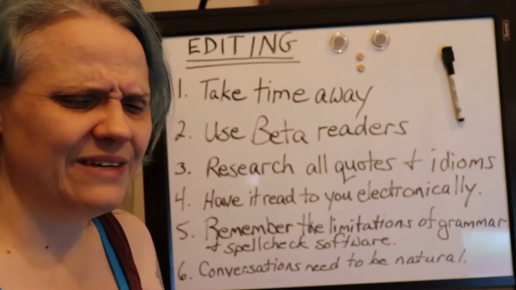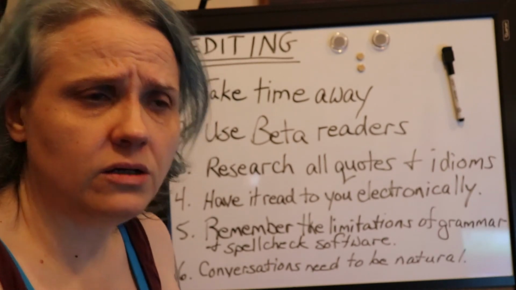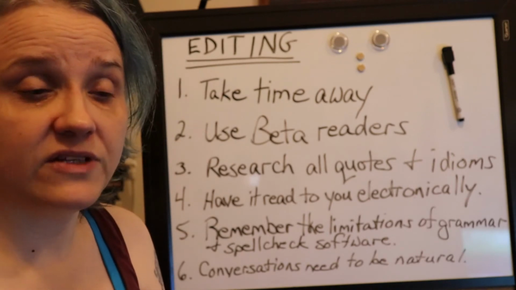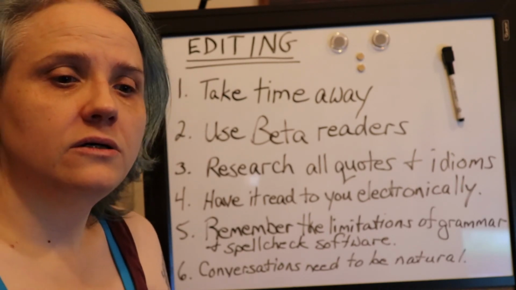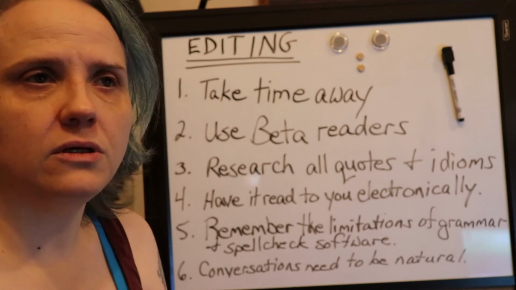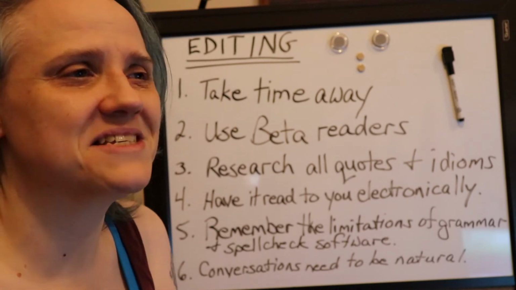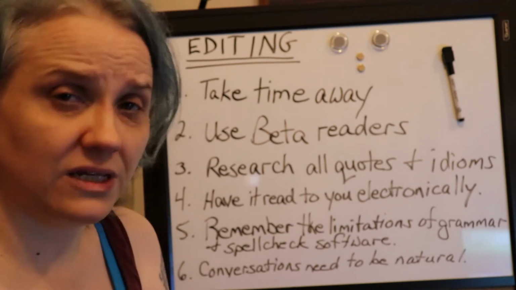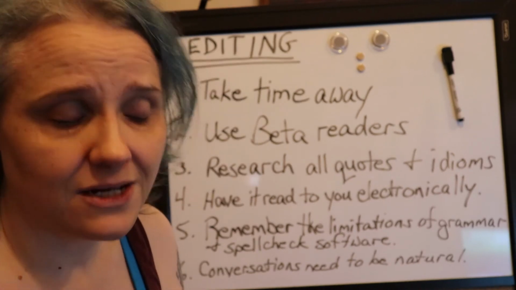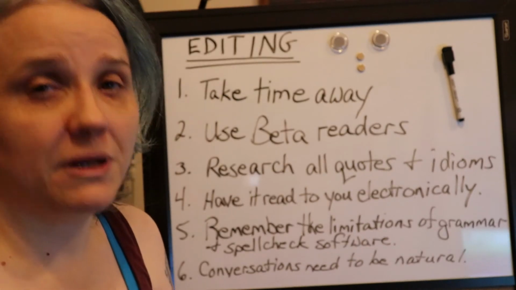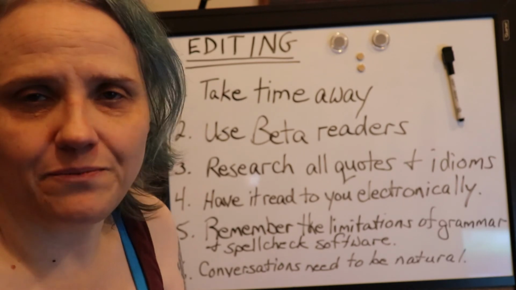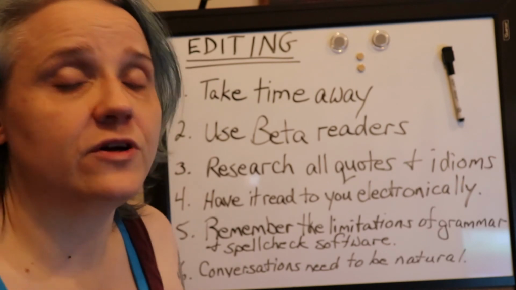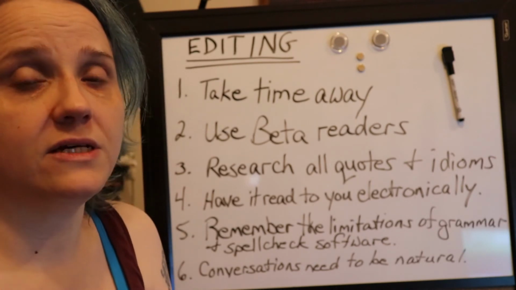You have to go, is that really wrong? And when you're looking at it, if it seems weird to you, check it, because we don't all necessarily keep every grammar rule in our heads at every given moment. So you might not remember what the rule is. Look it up.